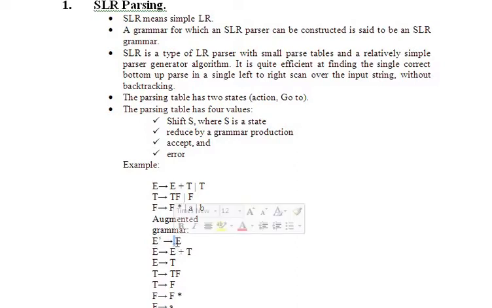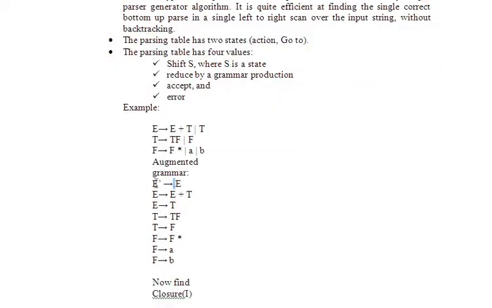After dot, if you find any non-terminal, then write its production. So here E dash gives dot E. After dot you find one non-terminal which produces other productions. So write those productions.